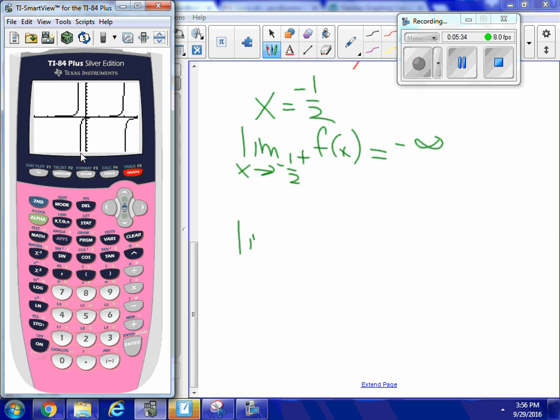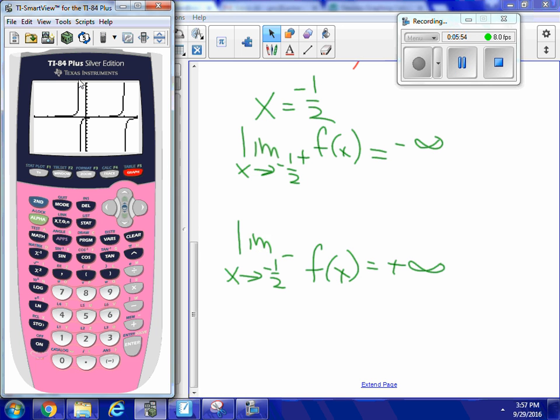As x approaches negative 1/2 from the negative side of my function, my limit approaches positive infinity.